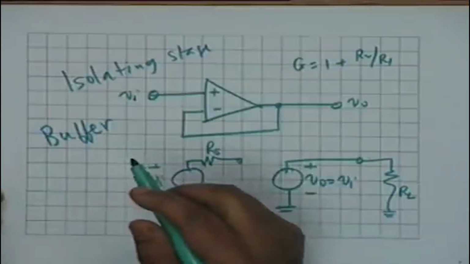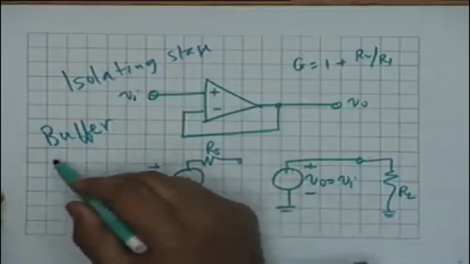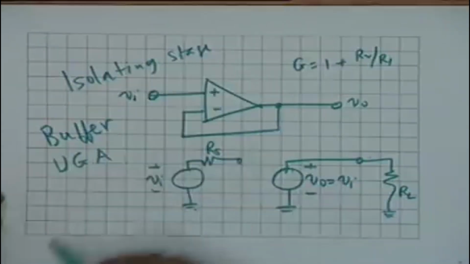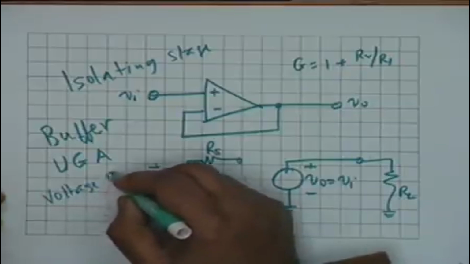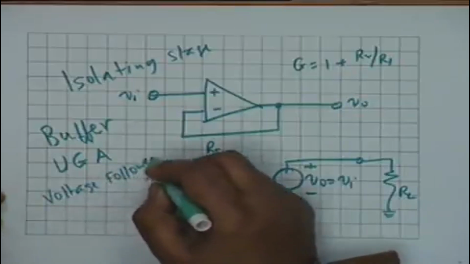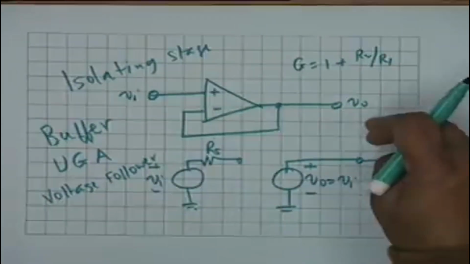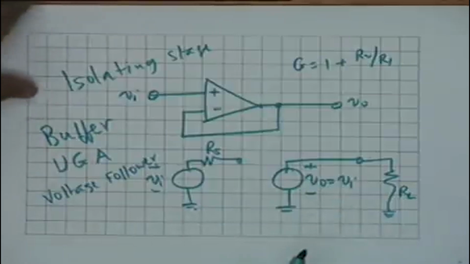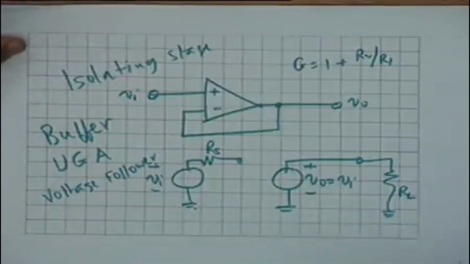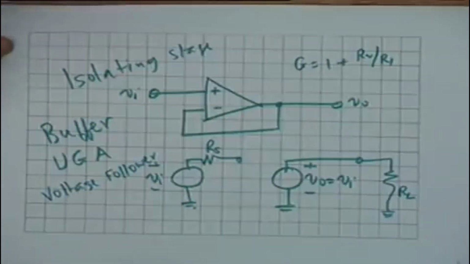It is also called a unity gain amplifier, UGA. It is also called a voltage follower, that is, the output voltage follows the input voltage. It is a very important circuit to get a gain of plus 1.